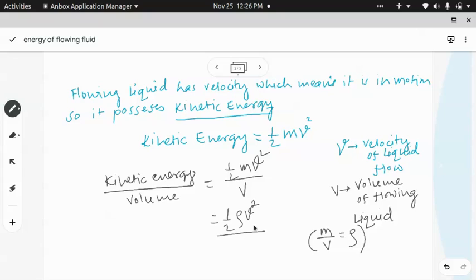Same as the aspirator pump, that we are going to study in today's afternoon session. So this is kinetic energy per unit volume. Now let us move towards the next type of energy.